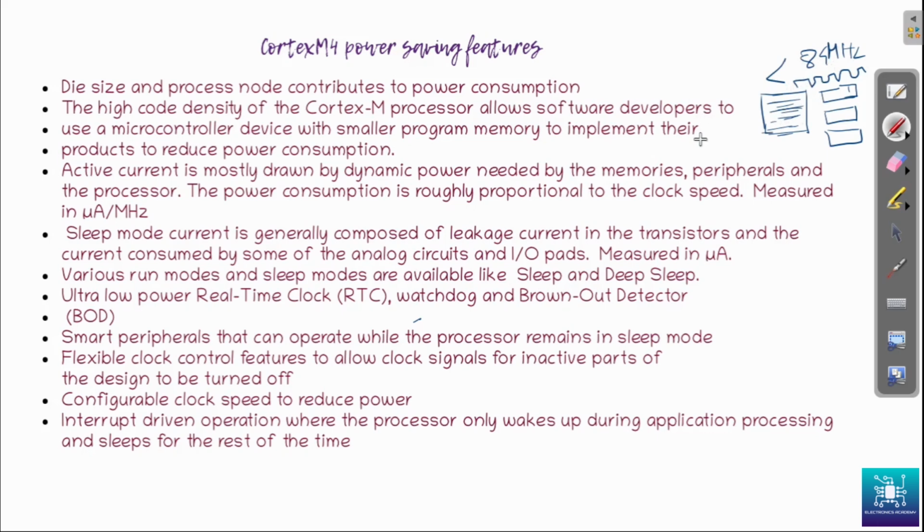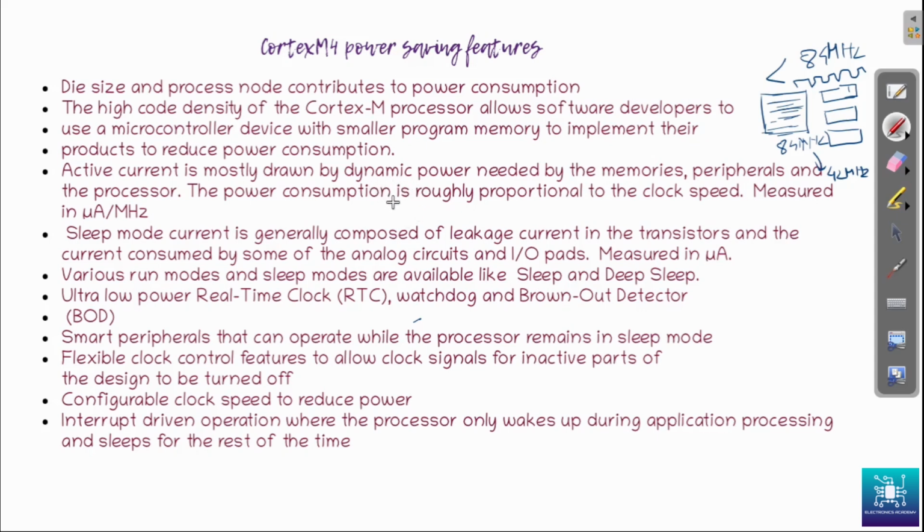That is, the amount of power that is consumed at say 84 megahertz will definitely be higher than the power consumed at 42 megahertz. So when you slow down the clock, the power consumption goes down.